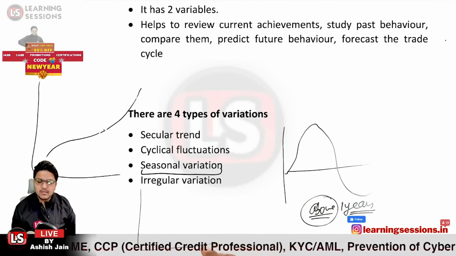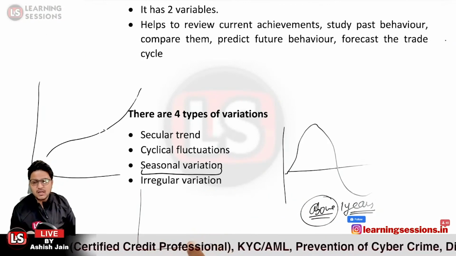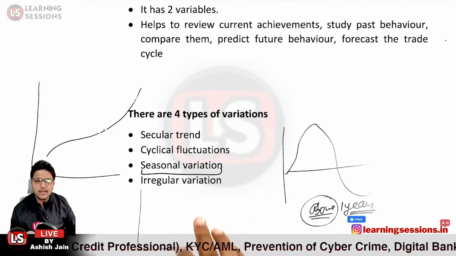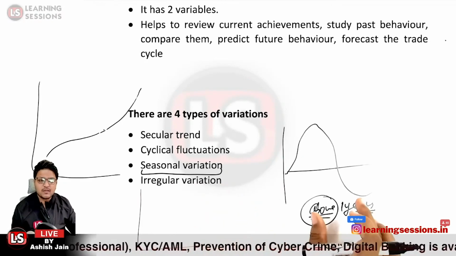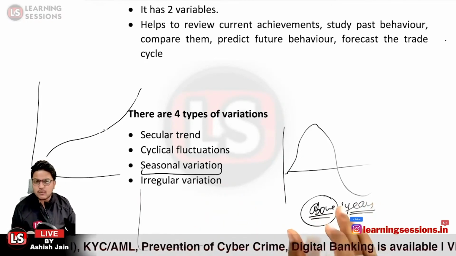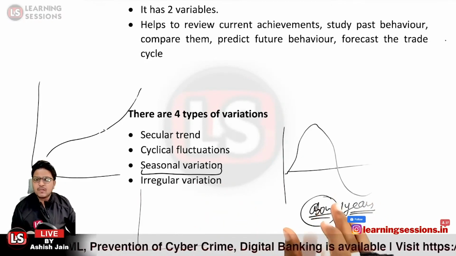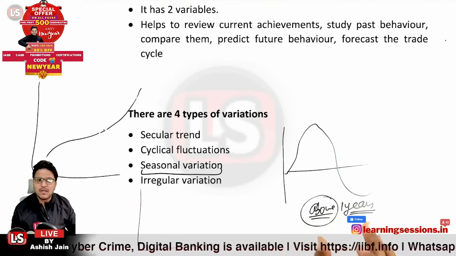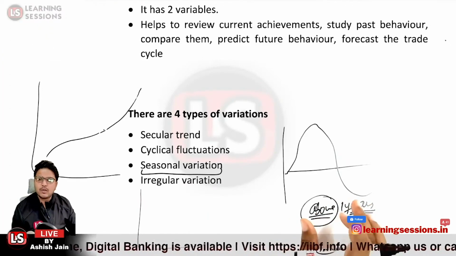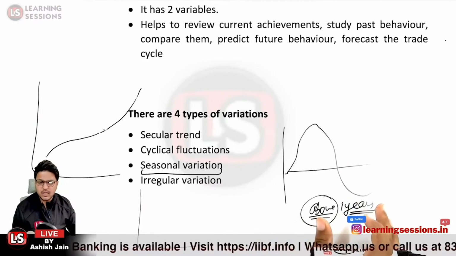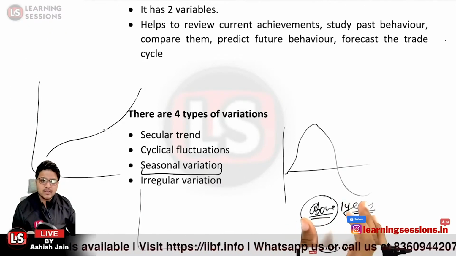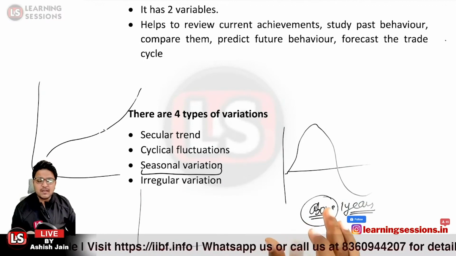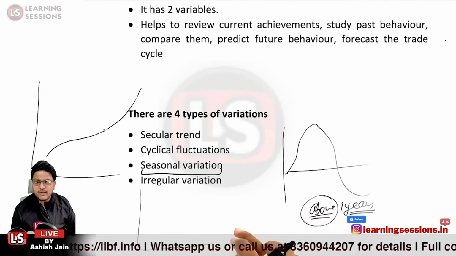A variation in a particular season within 1 year is seasonal variation. Cyclical fluctuations, as I already told you, occur over a time horizon of more than 1 year, due to the trade cycles. Also, seasonal variation is related to only one particular season.